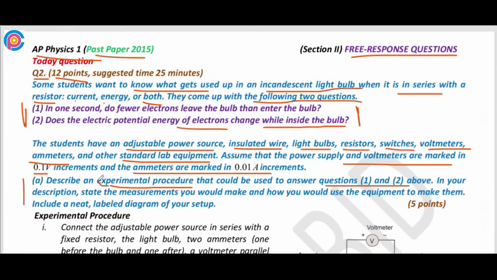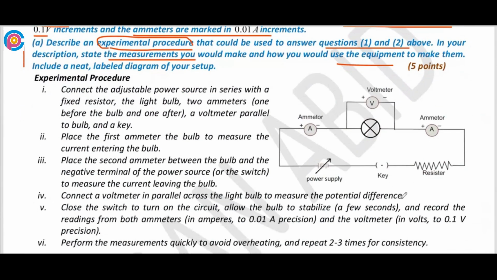We have to make an experimental procedure. In your description, state the measurements you would make and how you would use the equipment, including a neat diagram. Okay, we have the experimental setup. First, we design the experimental arrangement. We have the power supply, an ammeter before the bulb and an ammeter after the bulb, all in series.